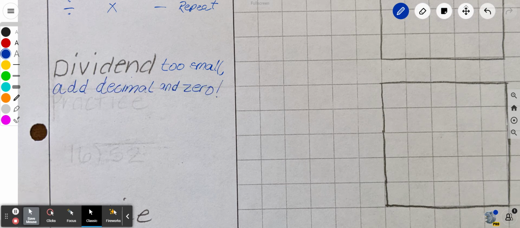So when a dividend, remember that's the number you're dividing into, when a dividend is too small, add a decimal and a 0. And this is super, super important. So go ahead and put a cloud around it. That's to help this note stand out on this page of notes. So if you're looking back to this to get some help, this will help you see it right away.